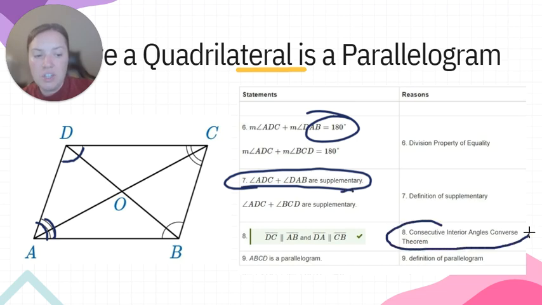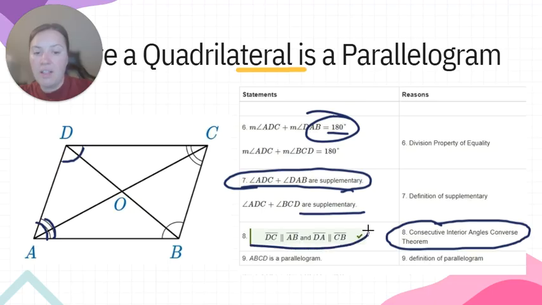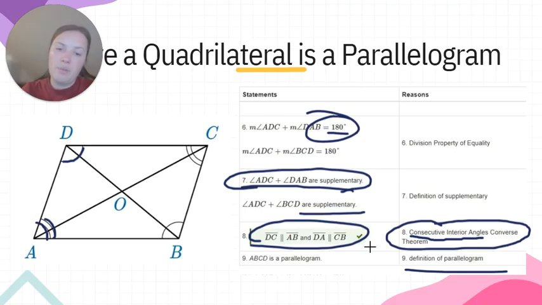The consecutive interior angle converse theorem says that if we have a transversal and consecutive interior angles that add up to 180 degrees, they're supplementary, then we have parallel lines. So we can say that DC and AB and DA and CB are parallel because their consecutive interior angles are equal to 180 degrees. And by definition of a parallelogram, if we have two sets of parallel lines, we have a parallelogram.